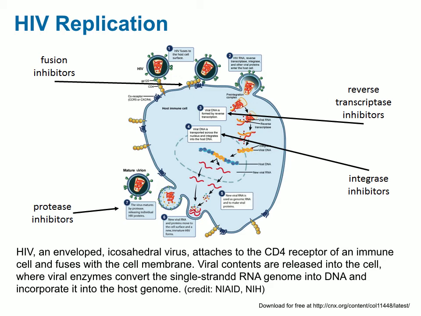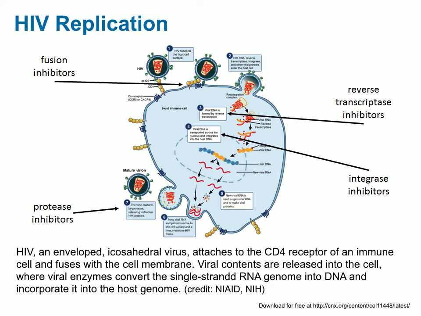It can also have the host DNA make RNAs from that, and those RNAs can then be made into viral proteins, and the RNAs can serve as new viral genomes. And there's another enzyme, integrase, that helps the virus integrate itself into the host chromosome.